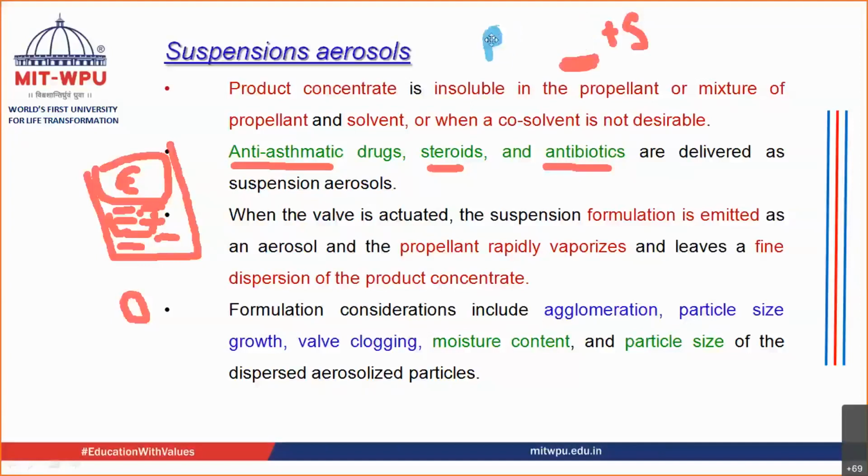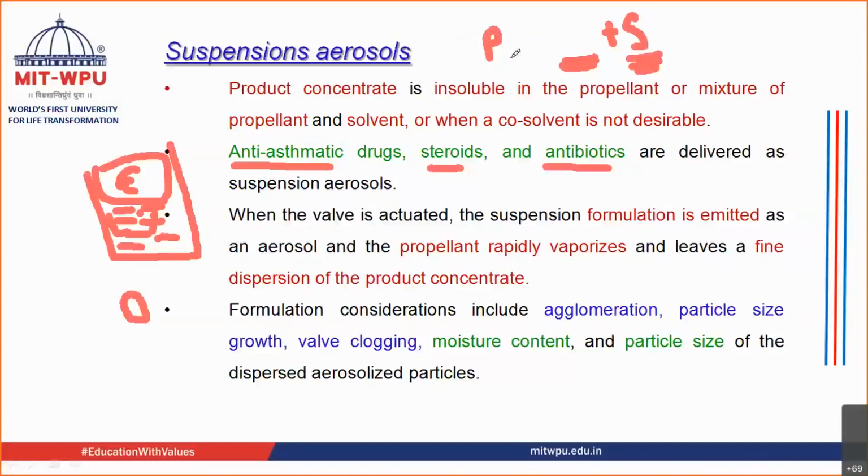So what remains is the fine dispersion of the solid particles of your product concentrate, and that is deposited wherever you want, maybe on the lungs, maybe on the pulmonary tree, sometimes maybe on the skin, etc.